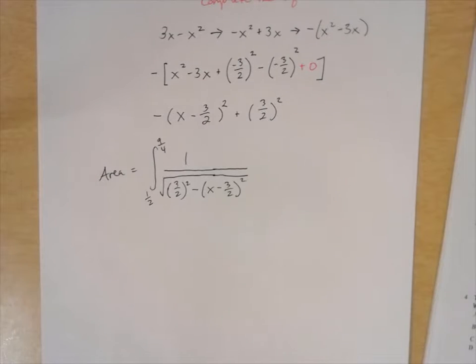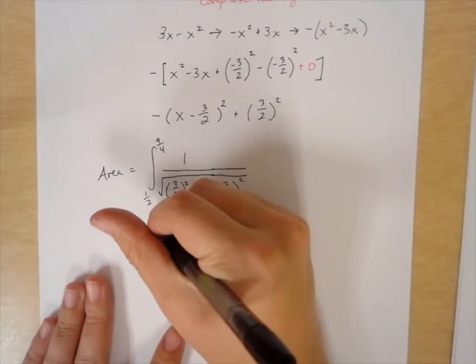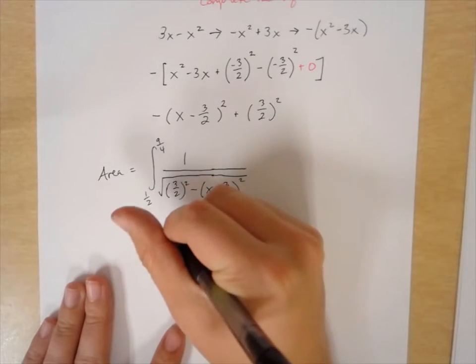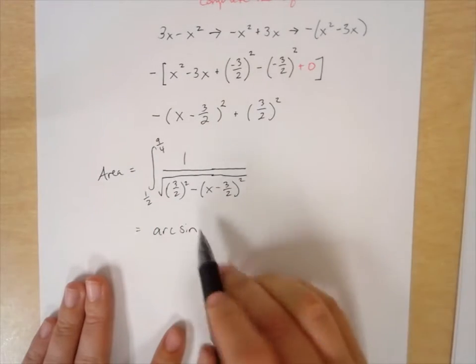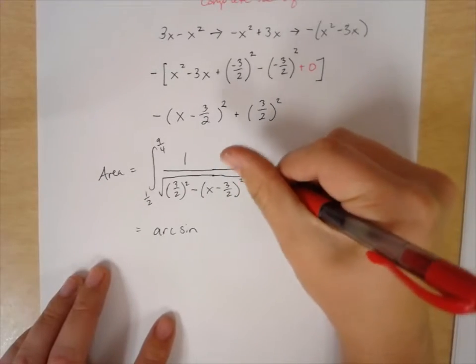Now I want you to see that we're actually pretty close to arc sine. When I do the antiderivative here, it is just going to be the arc sine of u over a. In this case, let's identify that first.